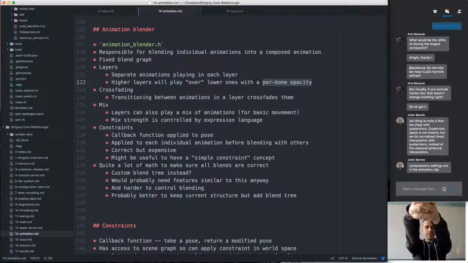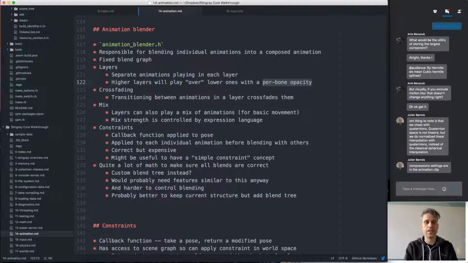And if I then add a per bone opacity that says that the higher layer should only apply to the arms, then I get an animation where the character is running with the legs, and the shoulders may be jumping a bit from the running, but the arms get their animation from the higher layer. So this allows you to layer multiple animations on top of each other to get this mixed effect.